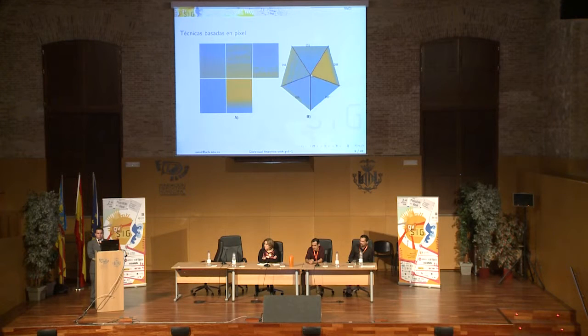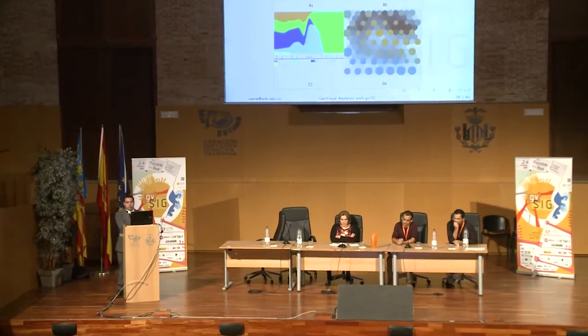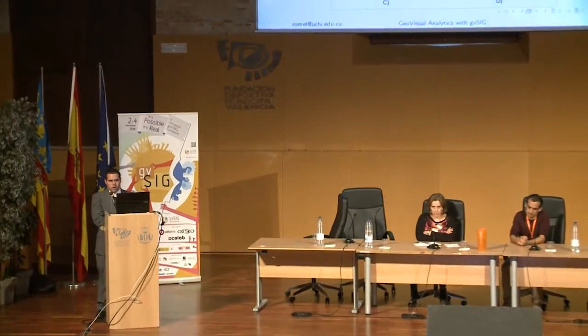This is a circle method that uses pixel units in each one of the variables, in each one of these segments. We have elements. They are very useful for large volumes of data.